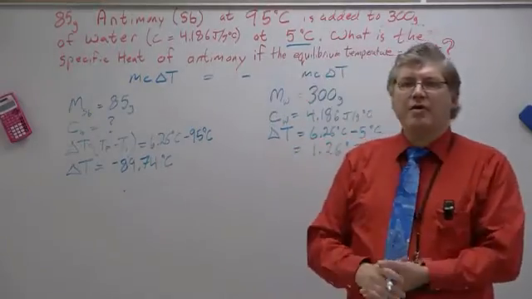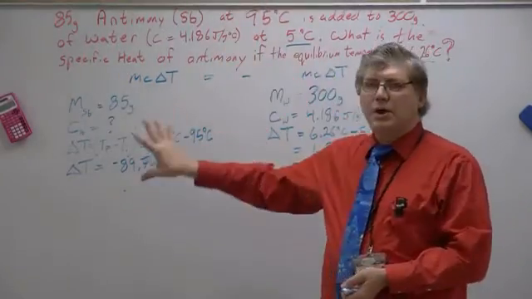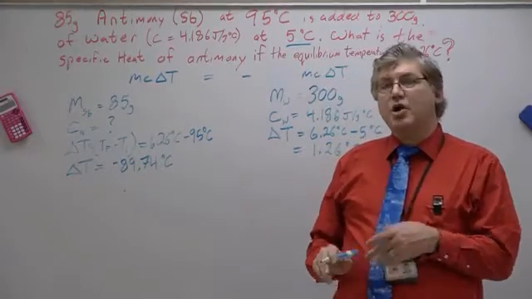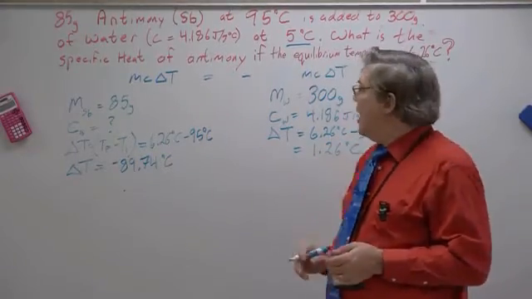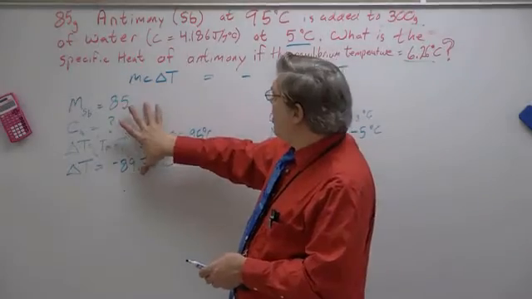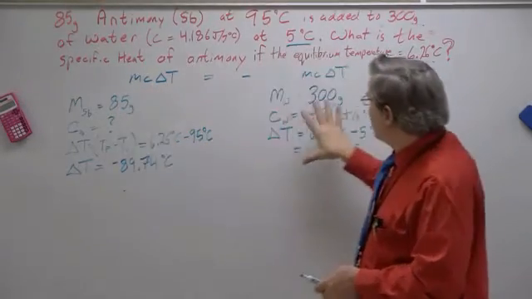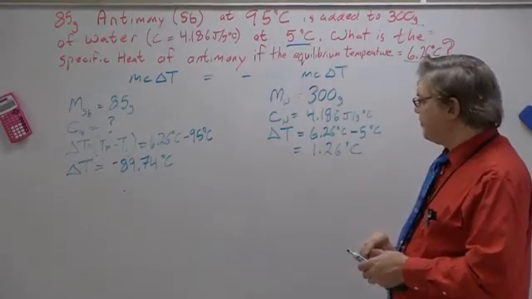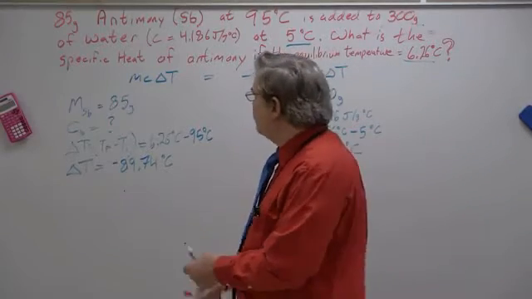Now we've got all of our information pulled from our word problem down below so that we can start substituting these values. I'm going to substitute everything I know into this side and everything I know into this side, and then we'll see what we get.